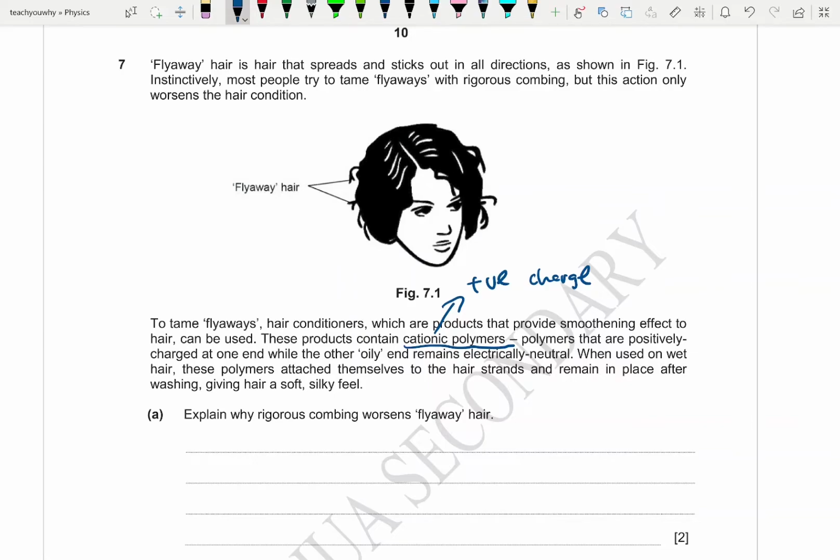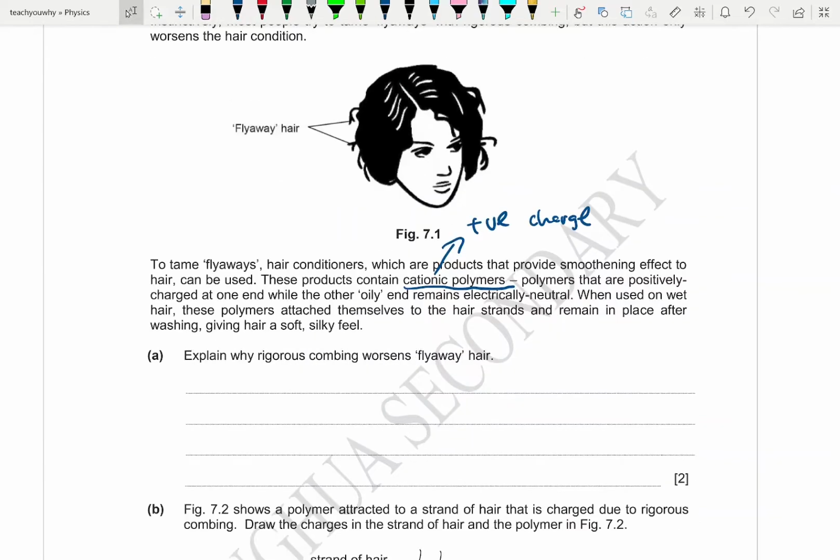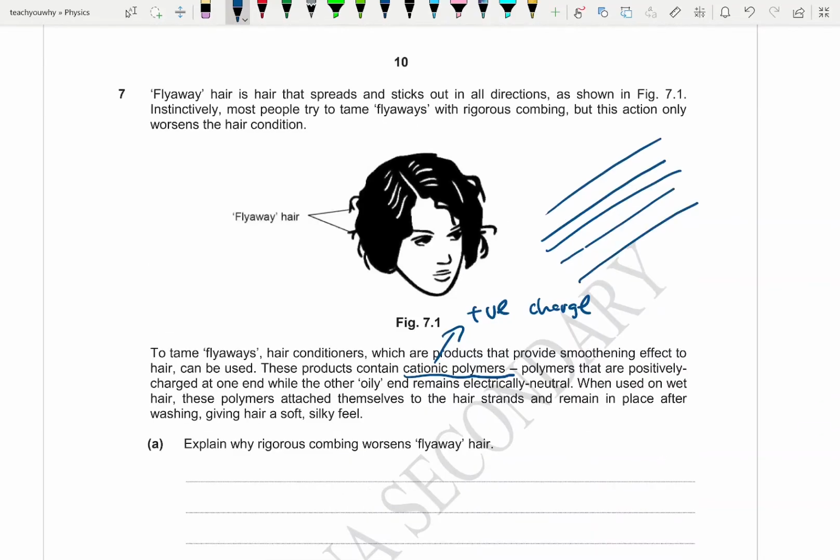Explain why vigorous combing worsens the flyaway hair. So what we learn is, let's say I have hair. Never mind, let's use another example that you should be more familiar with.